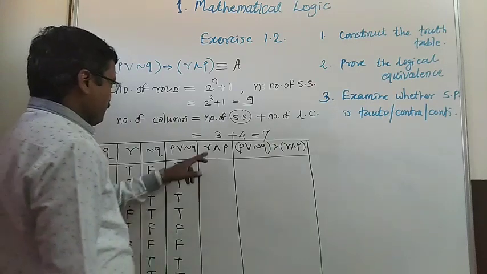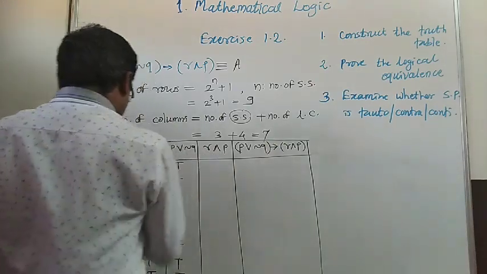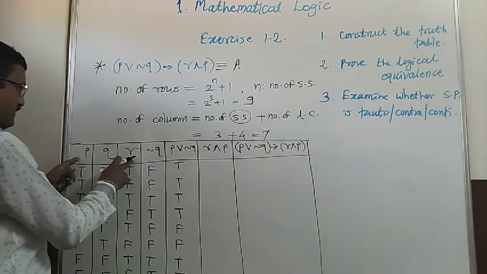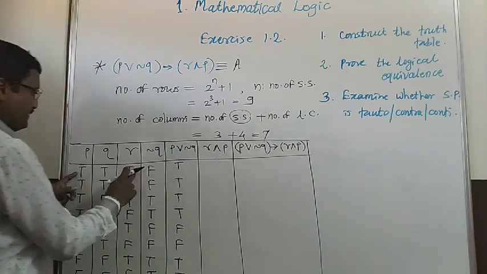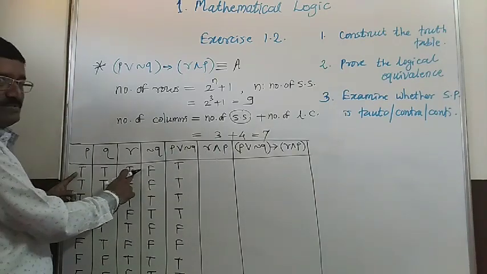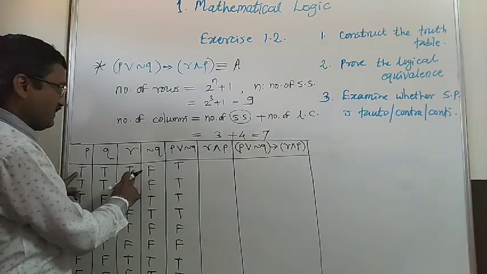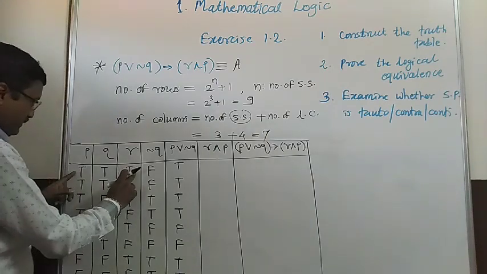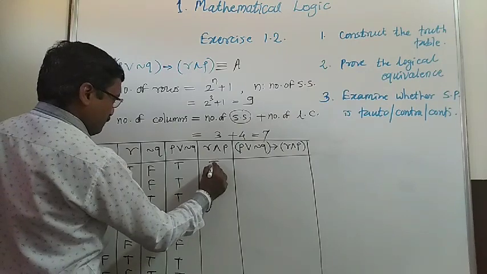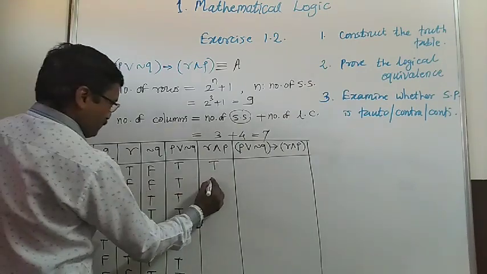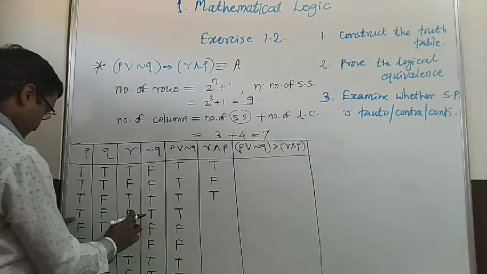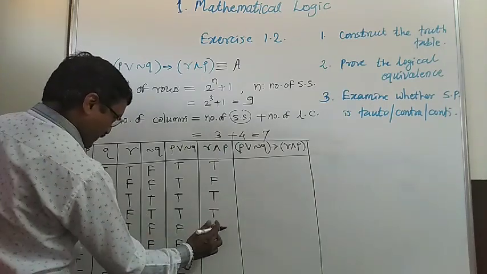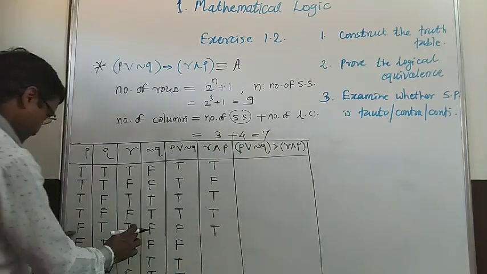Now the next column is R conjunction P. R is here, P is here. So take the conjunction of these two. In conjunction, we find whether F is there. If someone is false, the total conjunction is false. This is true because both are true. Here it is false because one is false. This is again true. This is true. This row is also true.